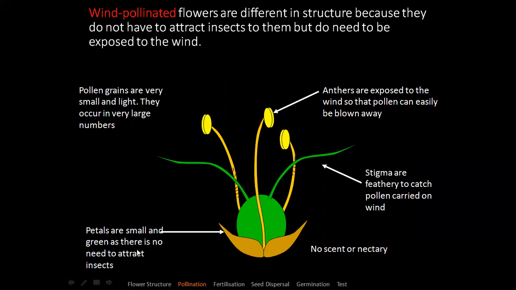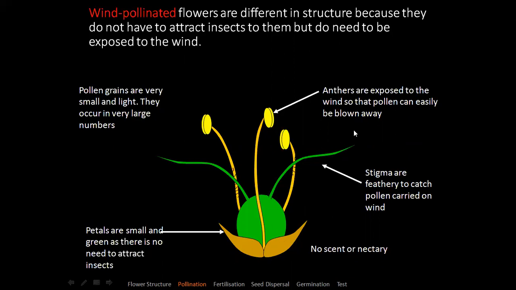Insect-pollinated flowers are bright and colorful to attract the insect; here there is no need for the petals to be bright and colorful. Also, no scent or nectar, no need for a good smell or sugary substance because it's not attracting the insect. But the stigma is feathery, and it hangs outside the flower.